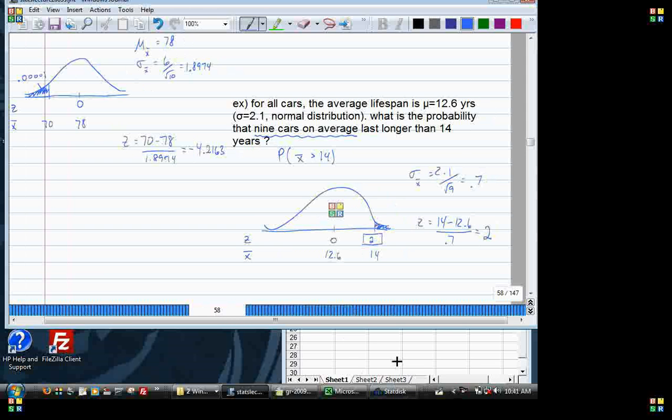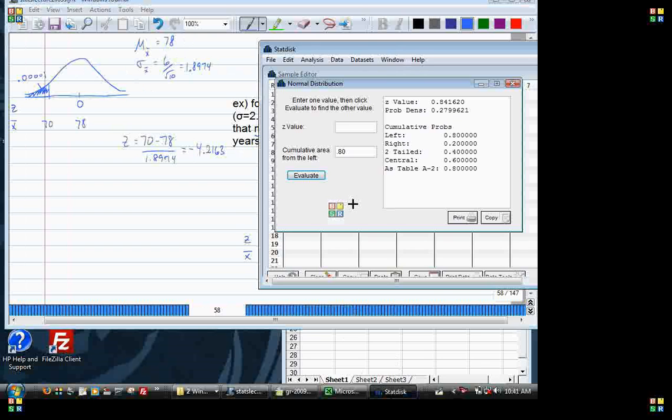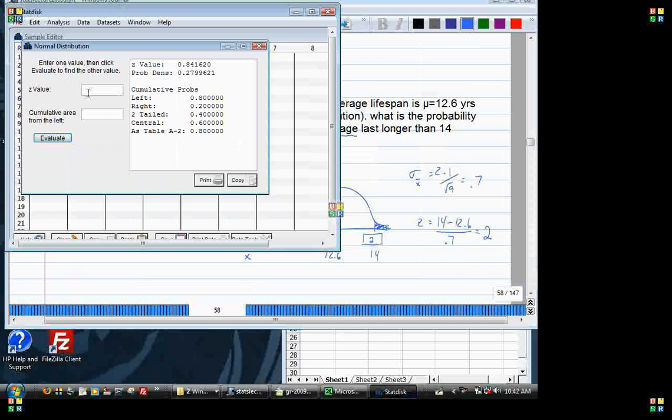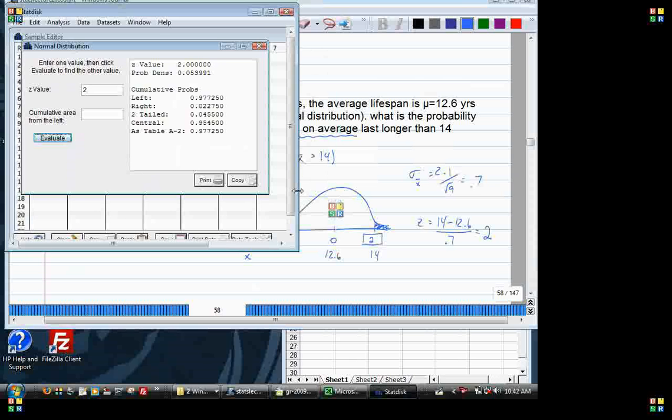Now what do we need to find? The area. And I want to work that out using StatDisk now. Okay. So what are we typing into StatDisk? Yeah, the z value is 2. Click evaluate, and StatDisk is nice, it tells you everything. So, yeah, right.